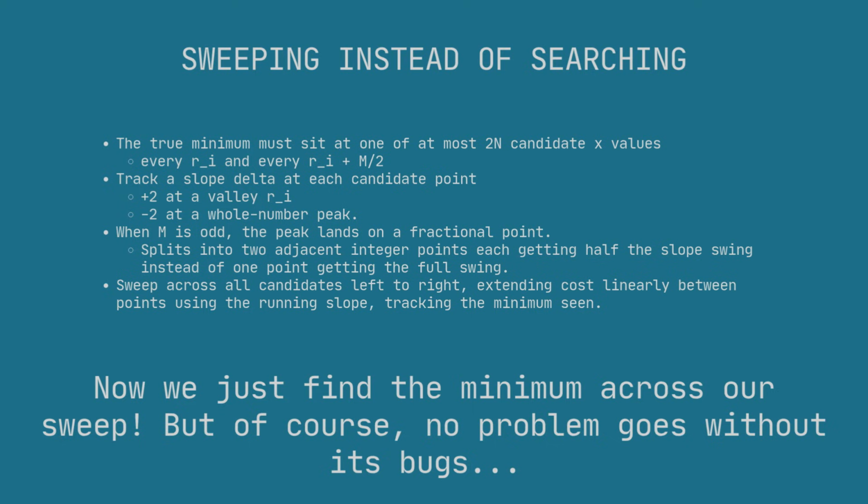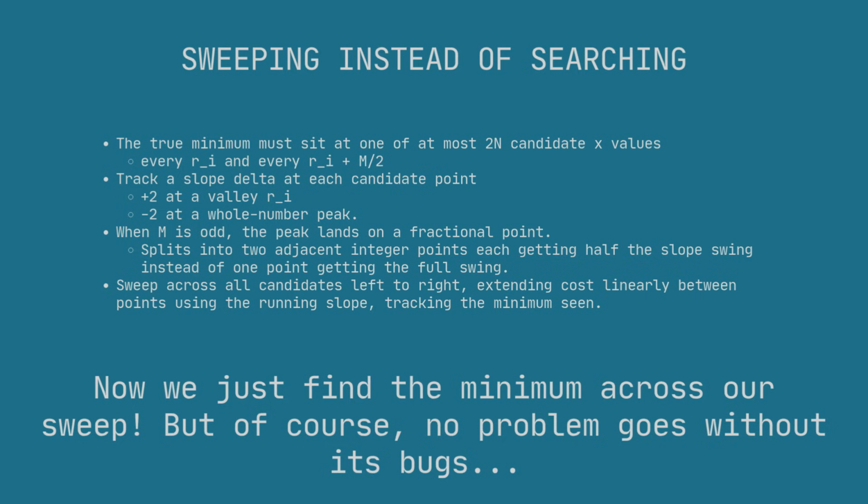When m is odd, the peak will land on a fractional point, so we need to be mindful to split it into 2 adjacent integer points instead of one point getting the full swing. Then we sweep across all candidates left to right, extending the cost linearly between points using the running slope and tracking our minimum. Now we just need to find the minimum across your sweep.